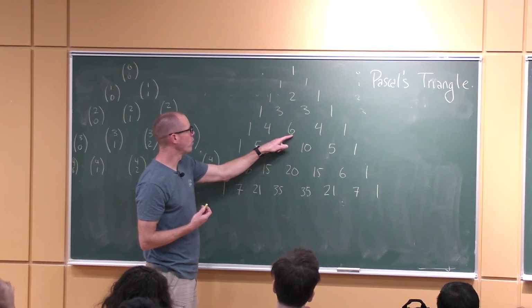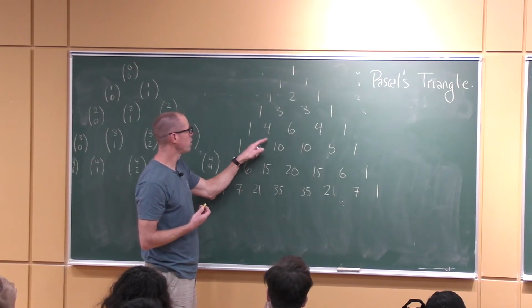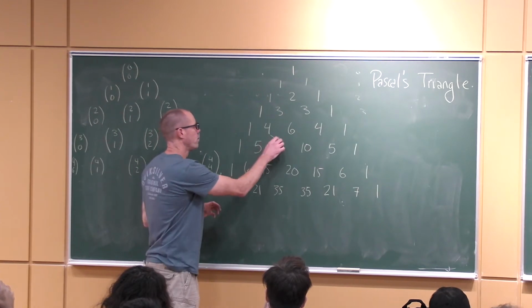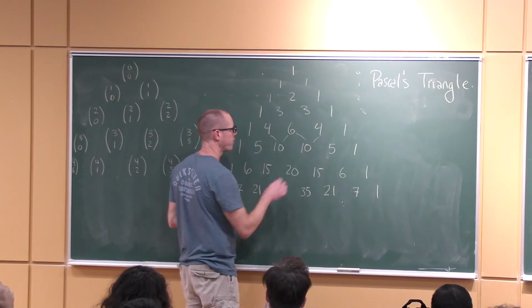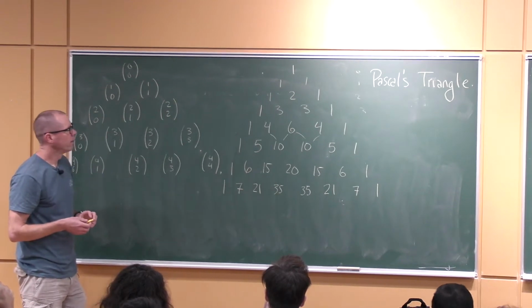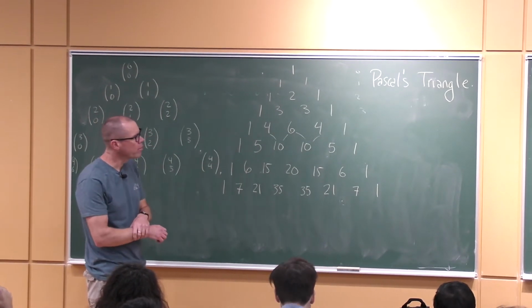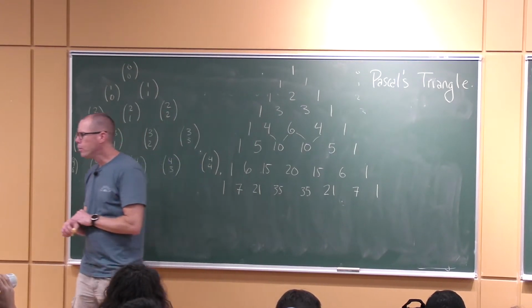Well, it's 4 choose 2 plus 4 choose 1. Okay. So it always looks like that. Okay, so that's the relationship between Pascal's identity and Pascal's triangle.